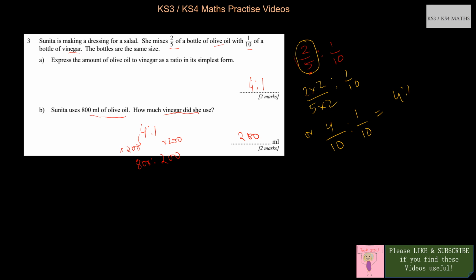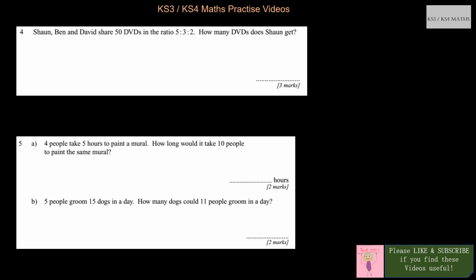The next one: Sean, Ben, and David share 50 DVDs in the ratio 5:3:2. How many DVDs does Sean get? So there are 50 DVDs. What is the total of these proportions? 5 plus 3 plus 2 is 8 and 2 is 10. There are 50 DVDs in total.